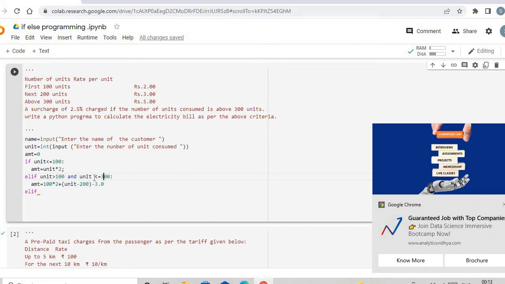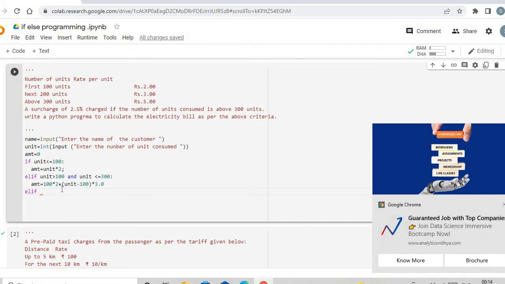If unit is greater than 100 and less than or equal to 300, the calculation will be: for the first 100 units, 100 into 2, plus unit minus 100 into 3. For the units above 100, we pay 3 per unit. Now it is correct.